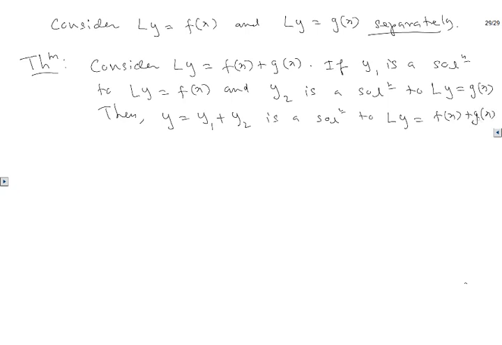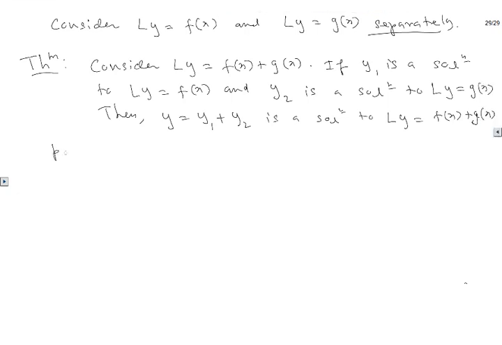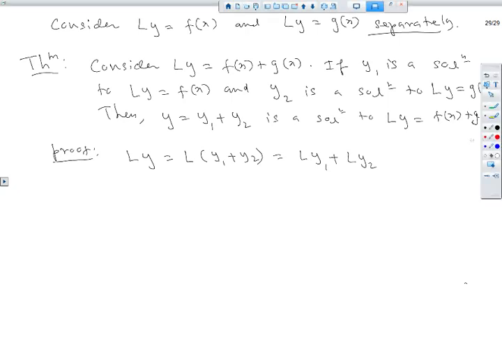This is very easy to prove, and you all know how to prove this result, because L is a linear operator. So let's look at the proof. We can consider Ly, but what is y? y is y1 plus y2, but we know that this is a linear operator, so you can break this as Ly1 plus Ly2.